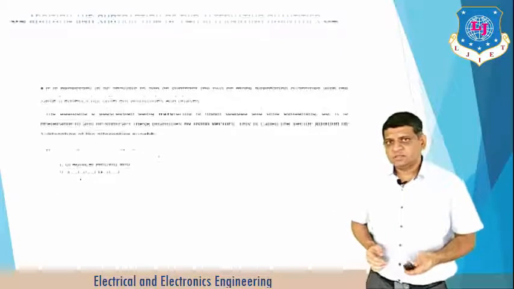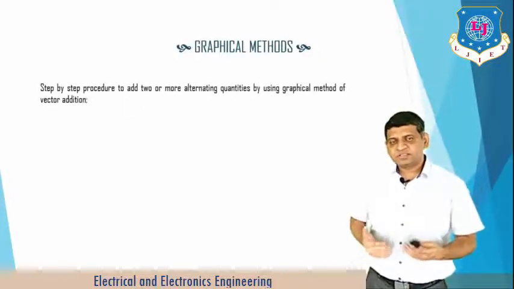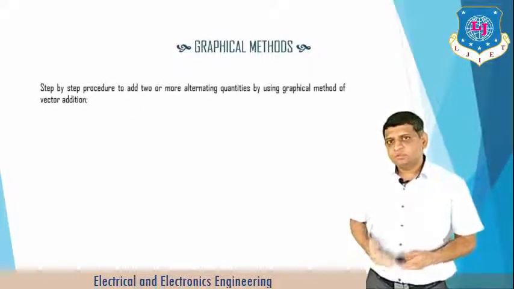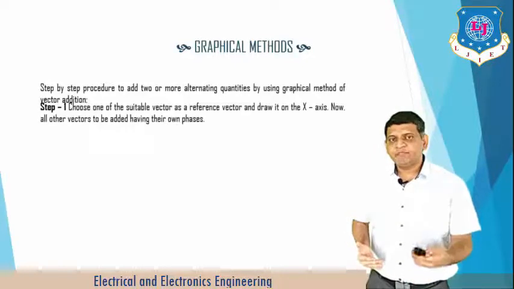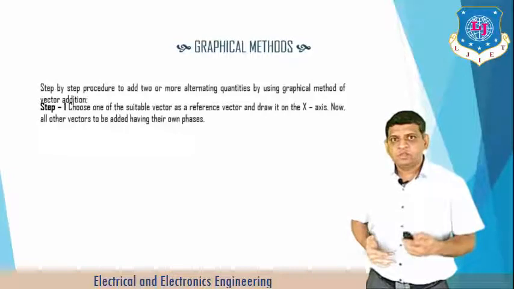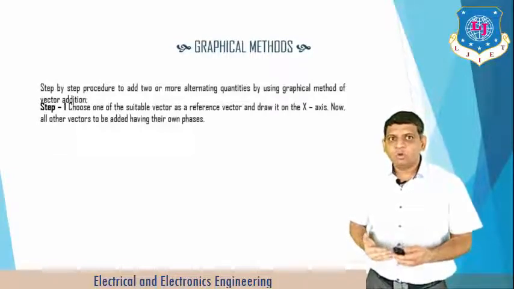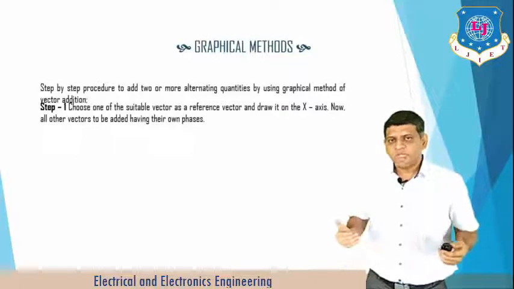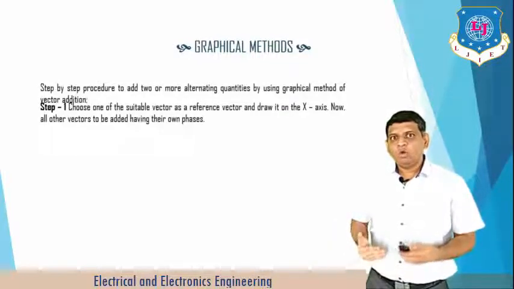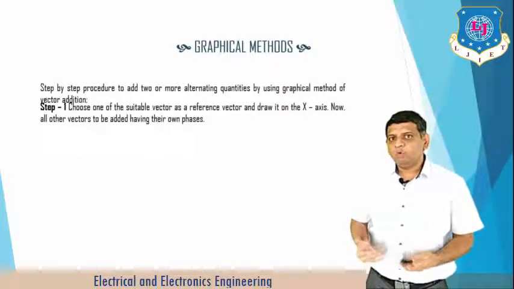Let's discuss this. In the graphical method, you can see the steps here. First we have to define a reference vector, like we just discussed. Choose one suitable vector as a reference and draw it on the x-axis. Now all other vectors are added having their own phases.